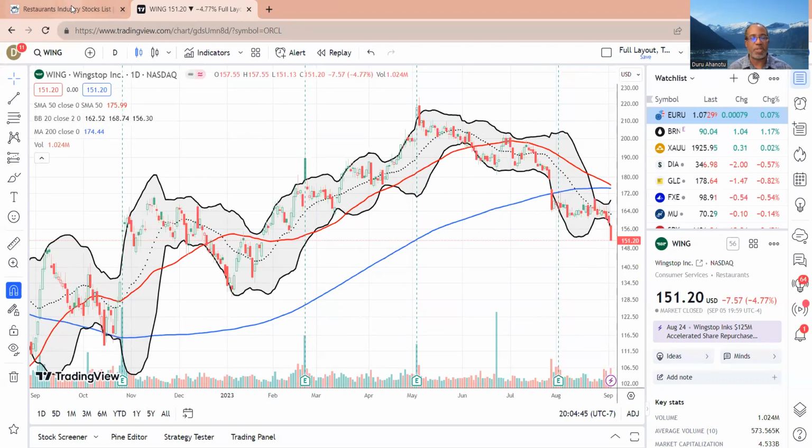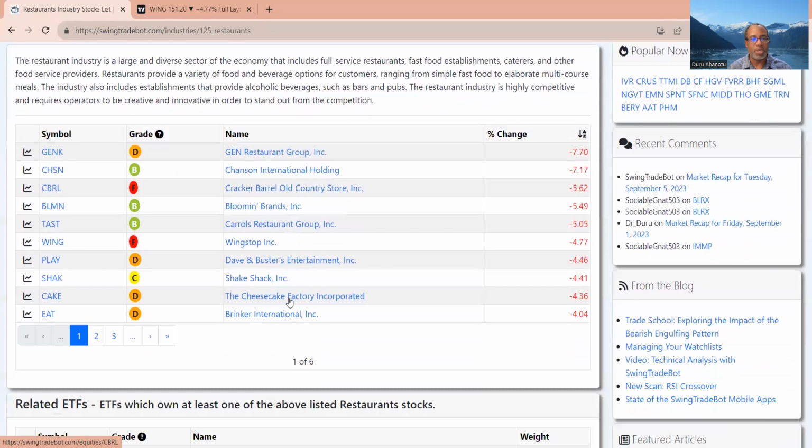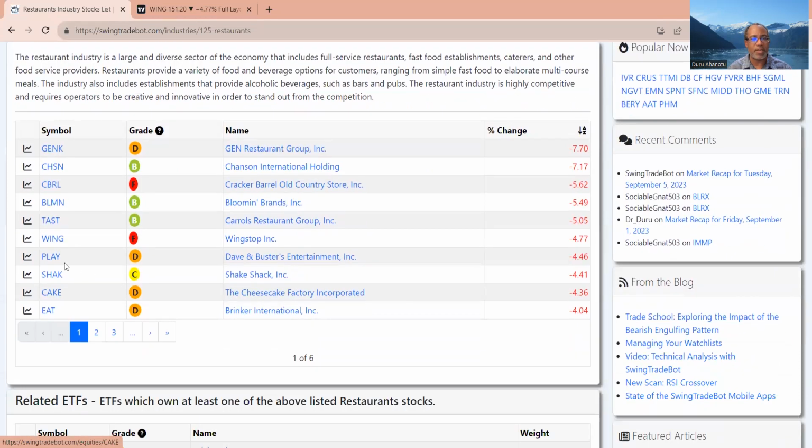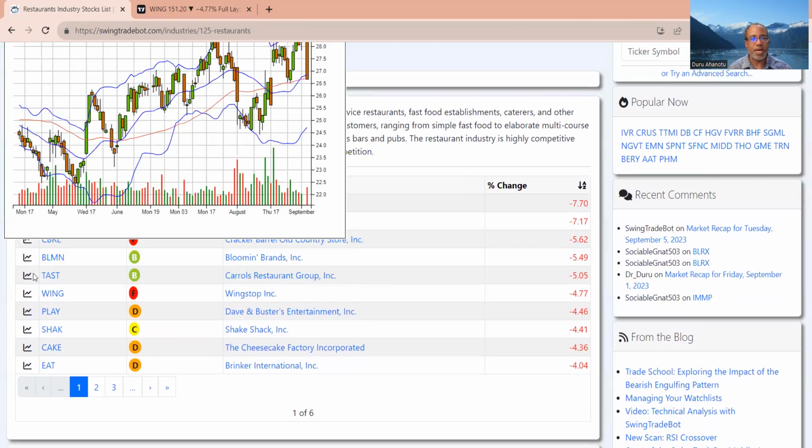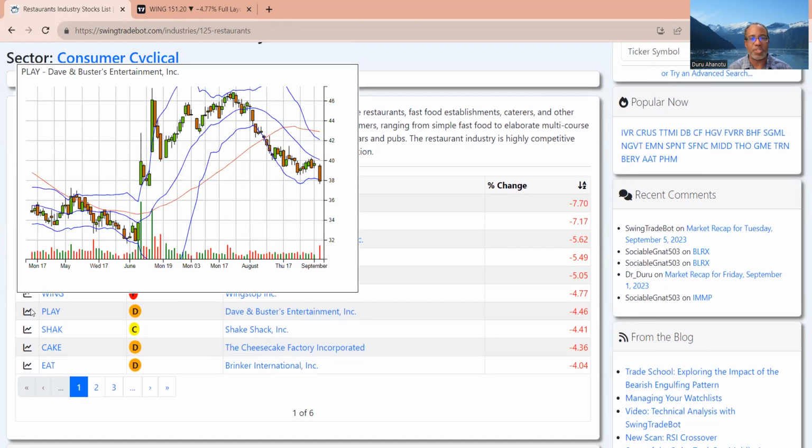And I want to look for some other stocks in this group. So let me just keep going down the list here. Now, Dave & Buster's, ticker symbol PLAY, is an interesting one. I think earnings are coming up and it looks bearish, but I wrote a post about Dave & Buster's in January about a lot of insider buying.